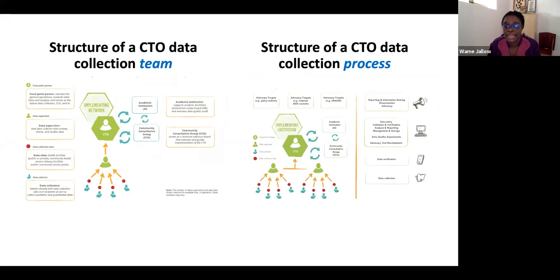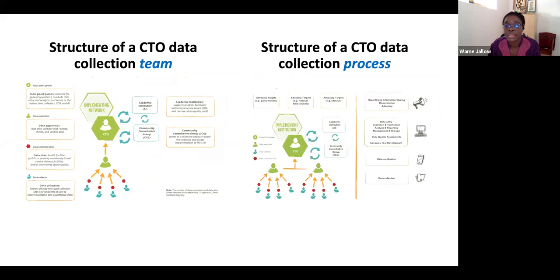In order for us to collect data, there are two things we need to bear in mind that are quite critical. Number one, if you look at the diagram on the left-hand side, is the team in place. It's important to have a set of well-skilled and well-equipped data collectors. The quantity of data collectors depends on the size of the data collection methods and process.